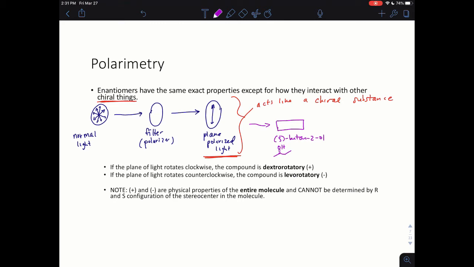When I send that light through our sample of S-2-butanol, that light will come out, but what's interesting is that the light is going to be rotated. Let's say it was initially straight up and down. It's been rotated now by some angle.